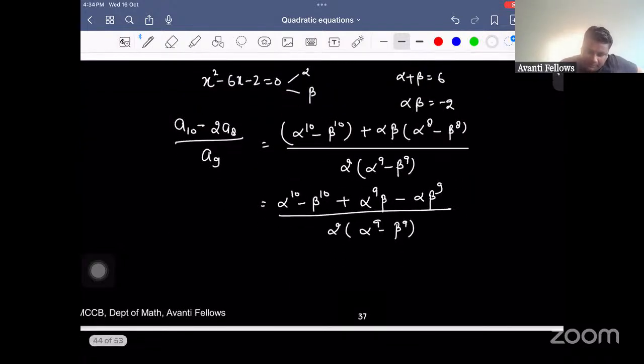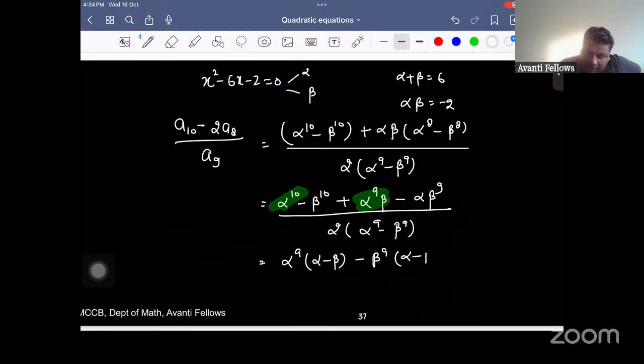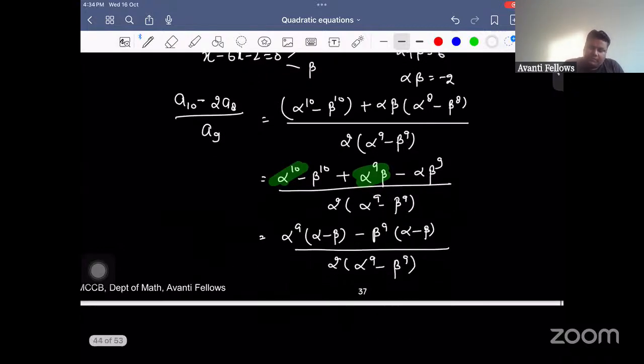So alpha to the power 9 is common, you get alpha minus beta from these two terms. From the remaining two terms, beta to the power 9 is common, you get again alpha minus beta, upon twice of alpha to the power 9 minus beta to the power 9. Got it?